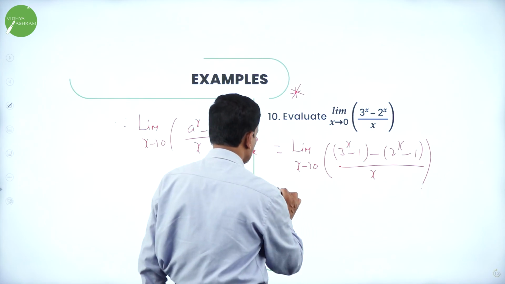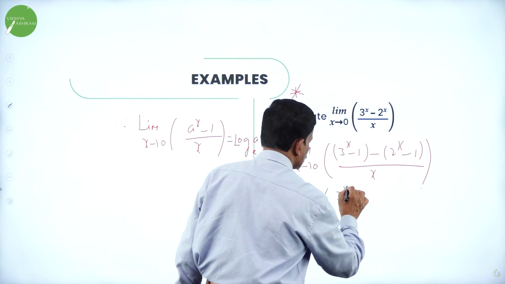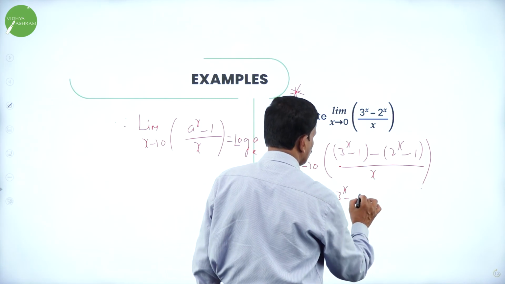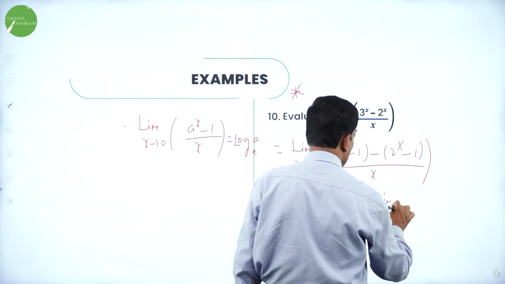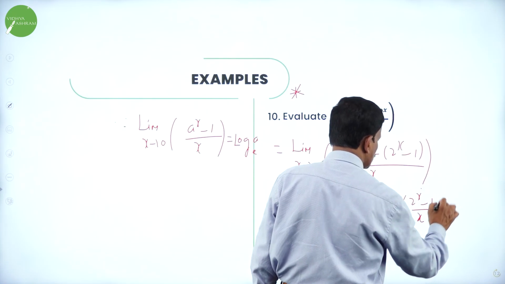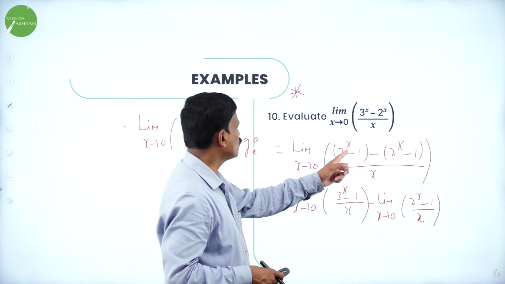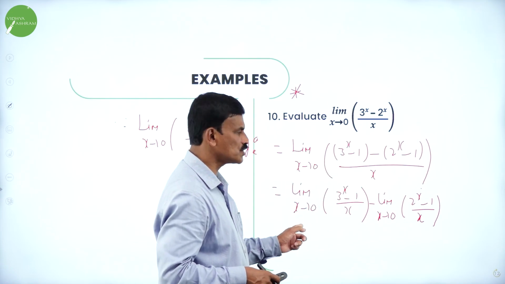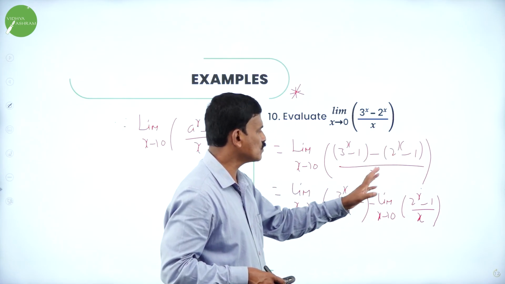Now, this can also be written with term by term division: limit x tends to 0 of 3 power x minus 1 by x, minus limit x tends to 0 of 2 power x minus 1 by x.